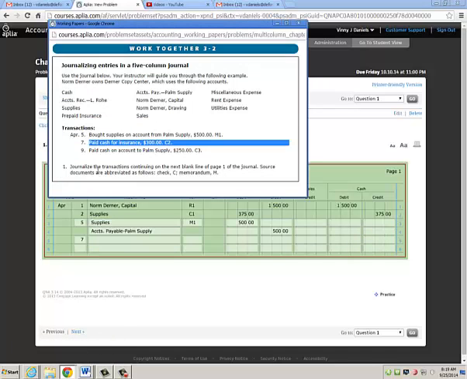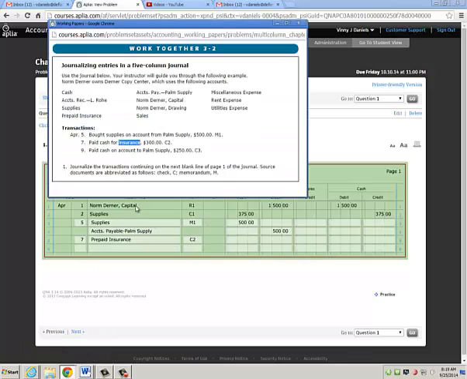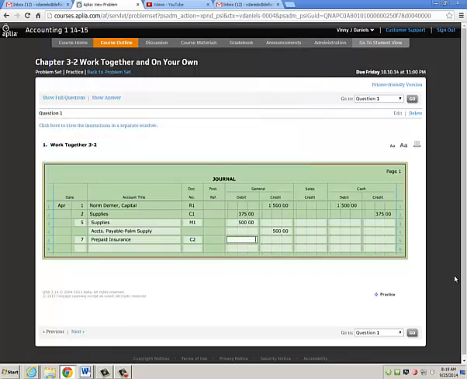So the only account we have to write down is prepaid insurance because, well, there's no prepaid insurance column. So I write down prepaid insurance. It's C2. And in this case, it is for $300, which is going to be a general debit and a cash credit.